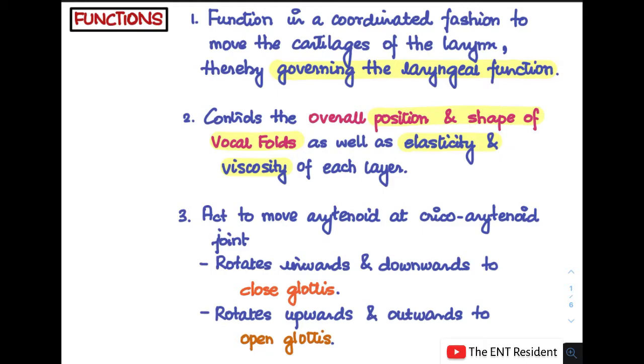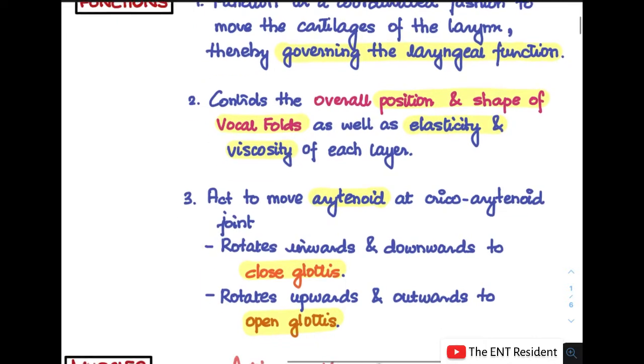And last of all, they act to move the arytenoid at the cricoarytenoid joint and therefore help in opening and closing the glottis. When they rotate inwards and downwards, they close the glottis, and when they rotate upwards and outwards, they open the glottis. So these are the three functions of the intrinsic muscles of larynx.